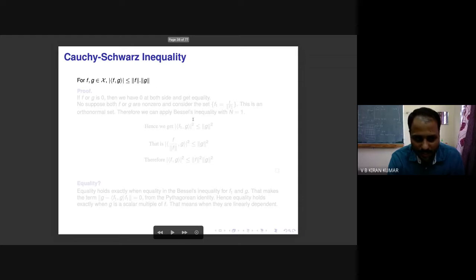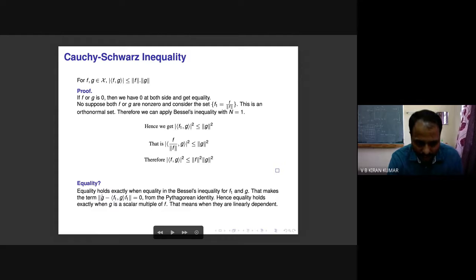That happens when g minus inner product f1g f1 equals 0. That means g is equal to inner product f1g f1. You got it? g is a scalar multiple of f1, or in other words, g is a scalar multiple of f. Is that clear? So can you tell me when does equality hold?